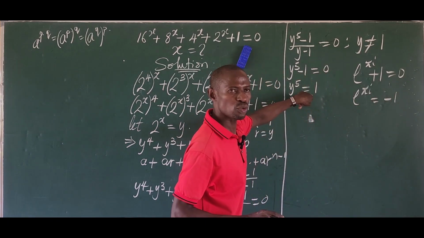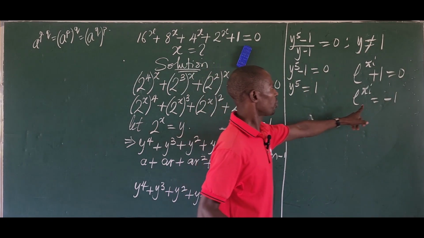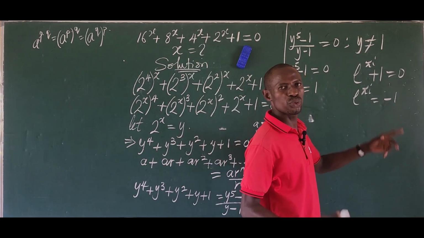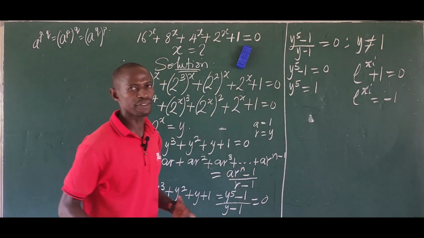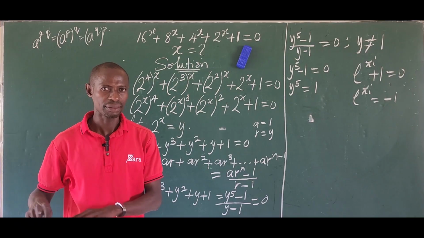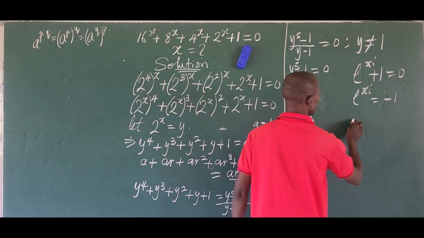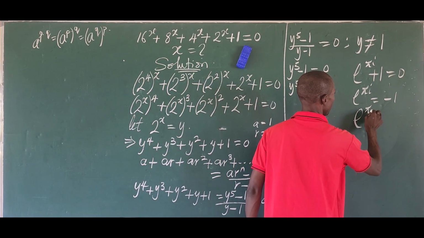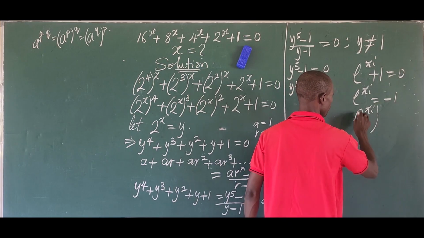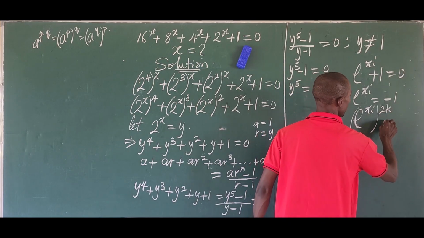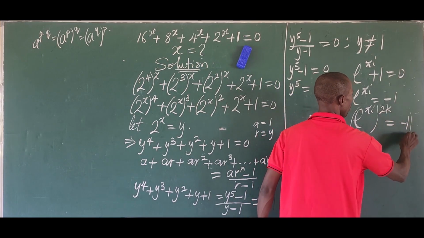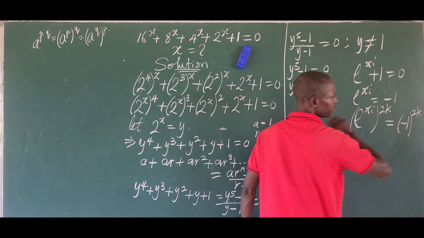But here we have plus 1. So what do we do? We raise both sides of this equation to the power 2k, where k is a constant ranging from 0, 1, 2, 3 and so on. Good. So this gives us e to the power of pi i, all raised to the power of 2k, equal to minus 1, all raised to the power of 2k.